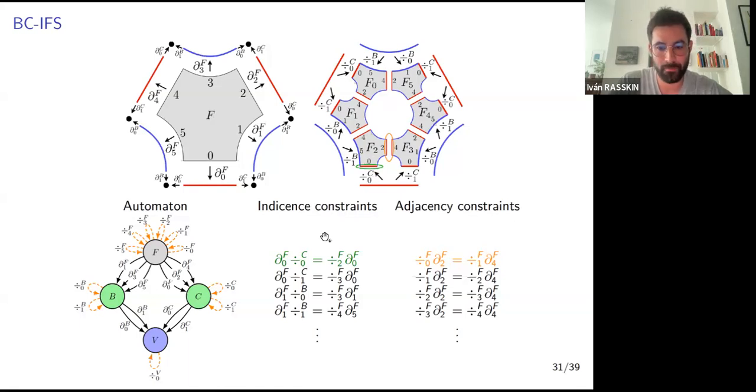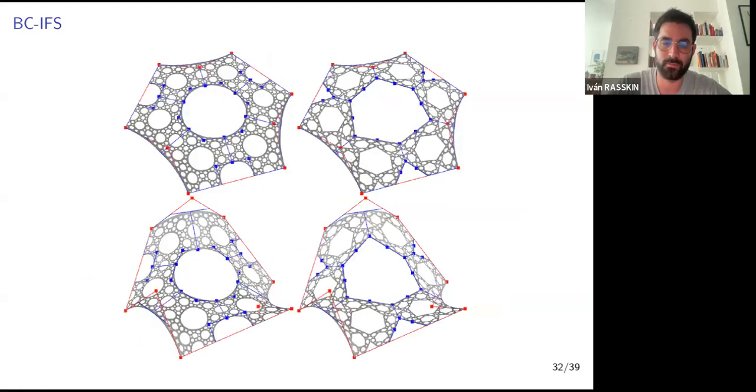With these constraints, we impose some properties on the connectivity of the final fractal. And by solving these equations, we get some degrees of freedom, which allow us to define some control points in the final shape that deform the boundary and also the shape of the holes.